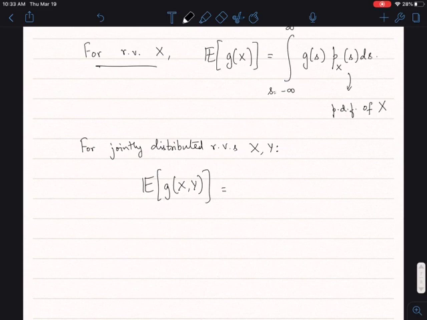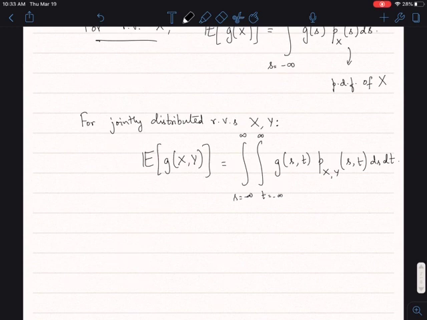Instead of being a single integral, it's now a double integral: s going from minus infinity to infinity, t going from minus infinity to infinity of g of s, t, and now you have the joint probability density function, ds dt. So this is the exact analog of what we saw for single random variables.